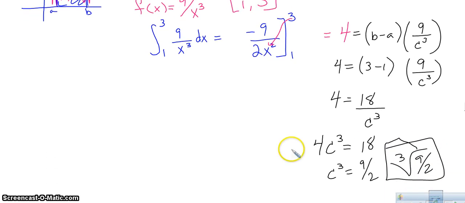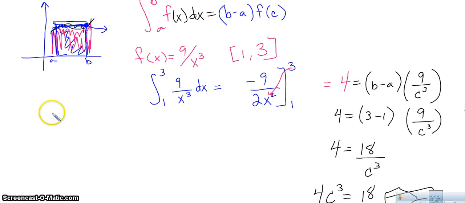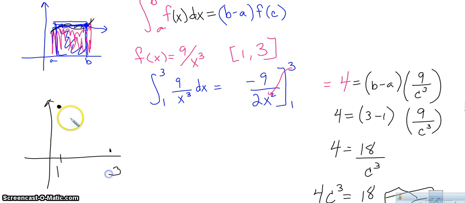So the cube root of 9 halves, or 4.5, is somewhere right after 2. If you graph your function, at 1 it is at 9, so it's up here, and at 3 it's about 1/3 of the way down here. So here's 1 and here's 3, and this function looks like this, and the area would be under here.